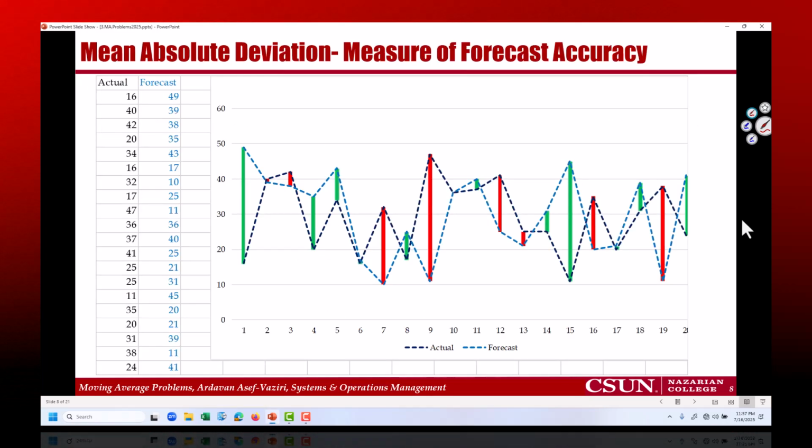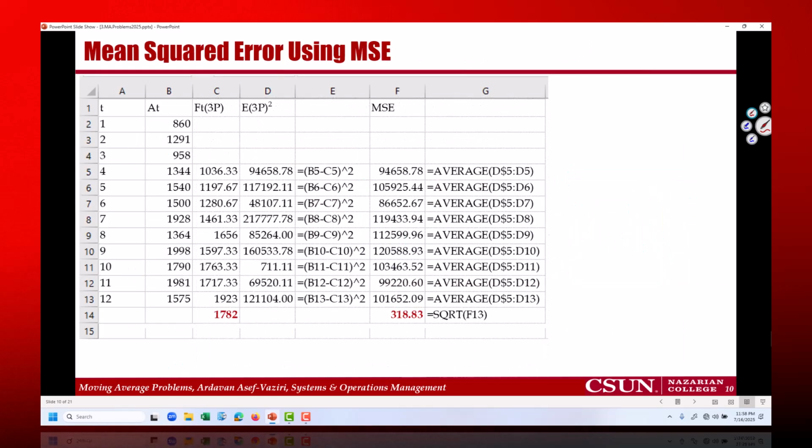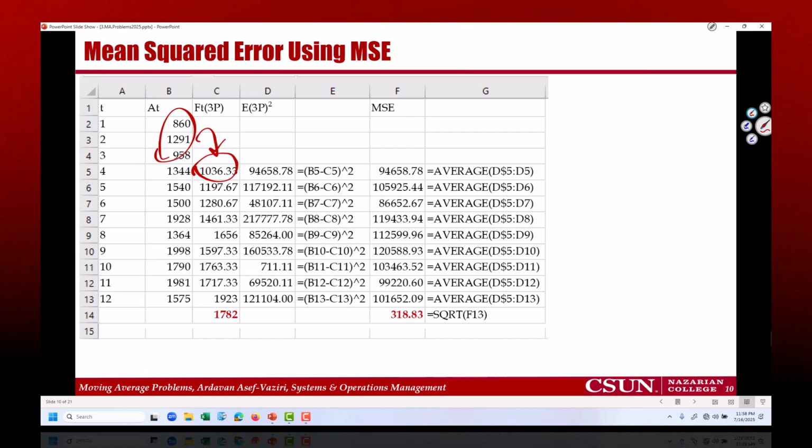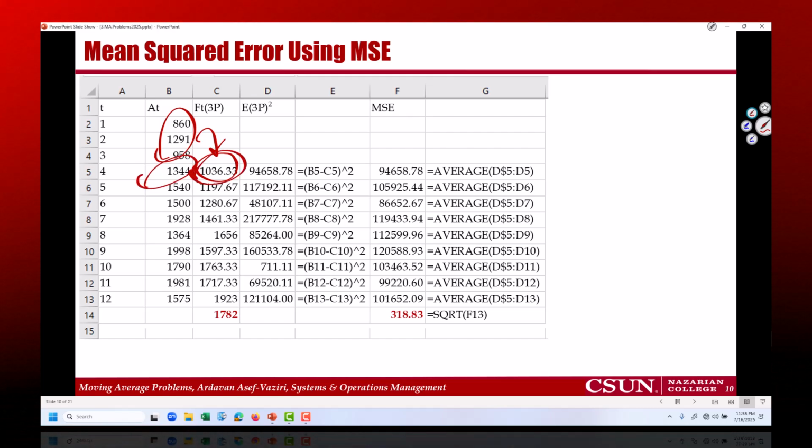For MAD, we compute these gaps. For MSE, we compute the square of these gaps. Therefore, MSE tries to not allow huge gaps between actual and forecast. So if it is a 3-period moving average, I go here and I compute the average of these 3 and I place it here. Then I find the gap between actual and forecast and square it.